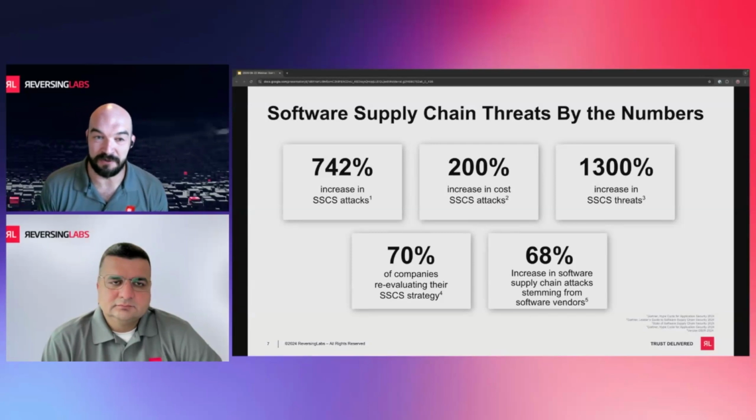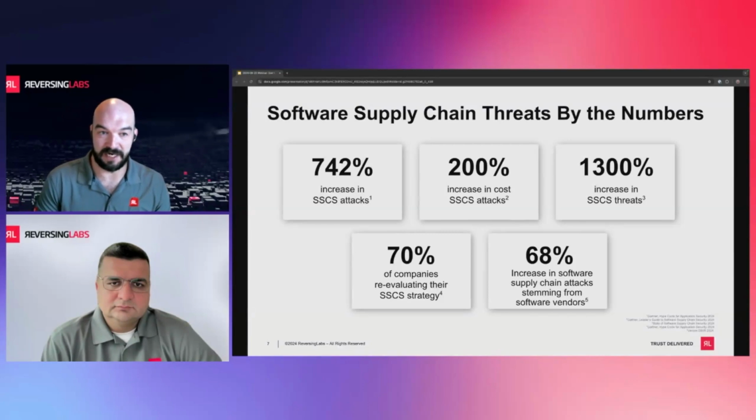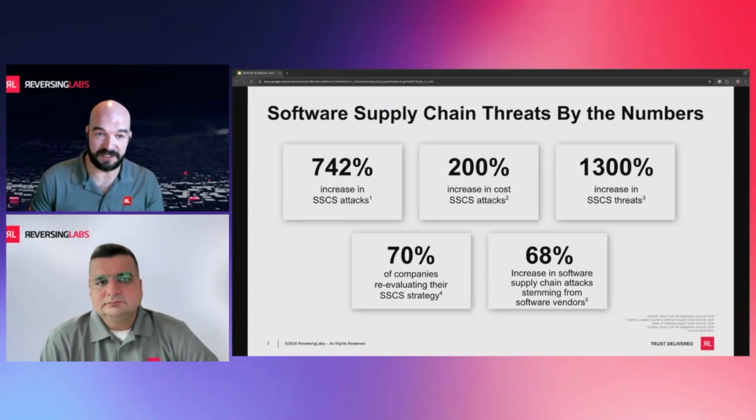So that's, again, a 200% increase in damages associated with software supply chain attacks. And that includes things like detection, incident response, but also any fines that might be associated with those kinds of attacks, to the point where 70% of organizations are reevaluating their software supply chain strategy.